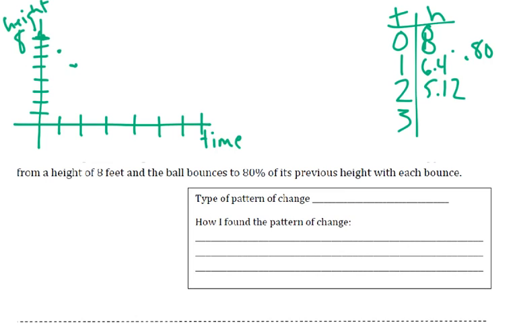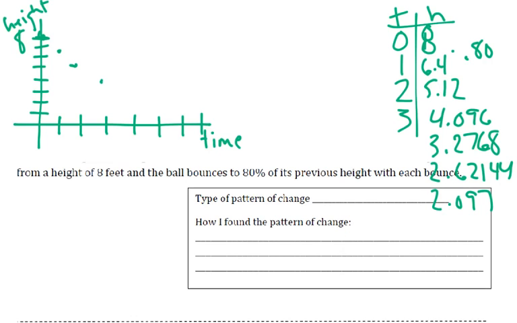Then the 3 would be 4.096. Then it would be 3.2768. Then 2.62144. 2.097, 1.677.